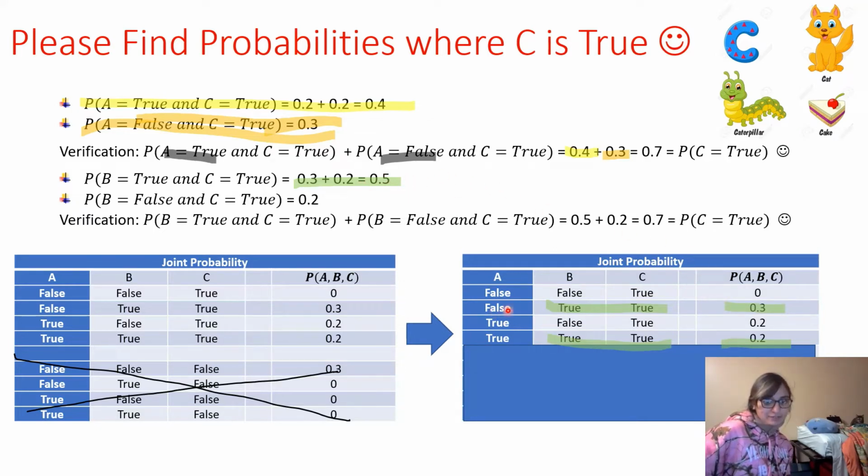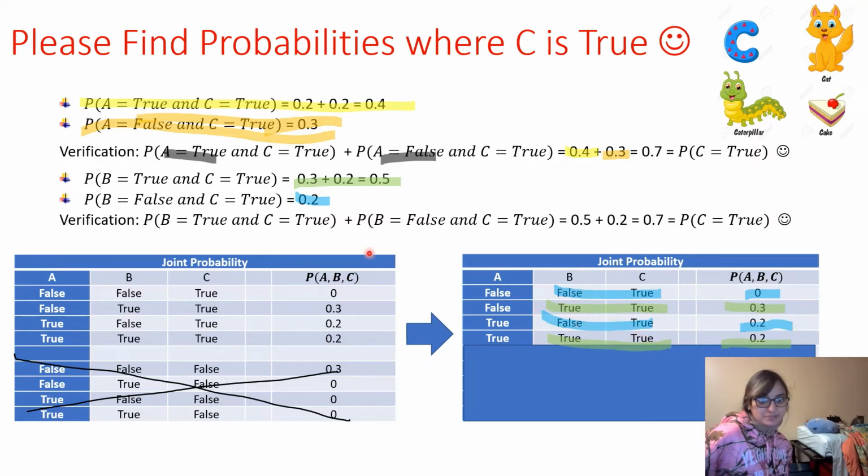Again, we're controlling for any value of A: the false value, which is the 0.3 part, and when A is true, which gives us the 0.2 part. And then, lastly, we want to see when B is false and C is true, and again, A can be true or false. So for this part we have 0 plus 0.2, which is just 0.2 here, because B is false and C is true.